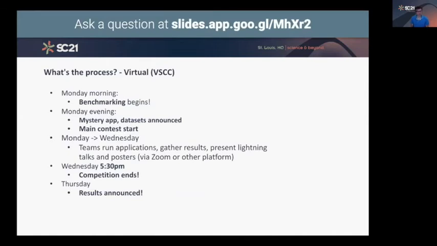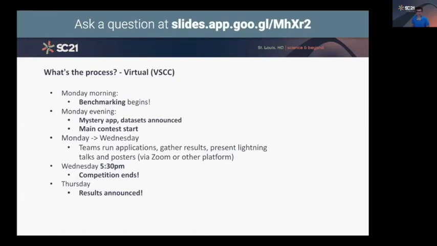The virtual SCC is a very similar process, but it's very cloud-based. So you don't need to worry about travel in that case, but the timeline is very similar. So the benchmarking begins on Monday morning, and then on Monday evening, the benchmarking session ends and the main contest starts. The mystery app and datasets are revealed.